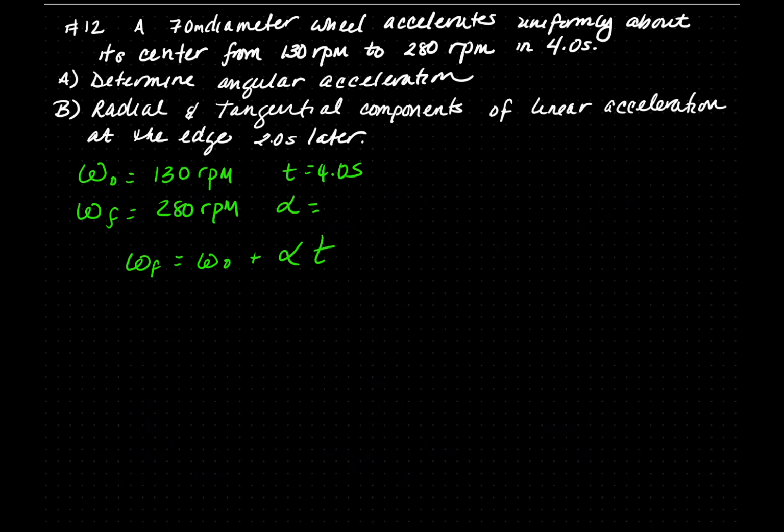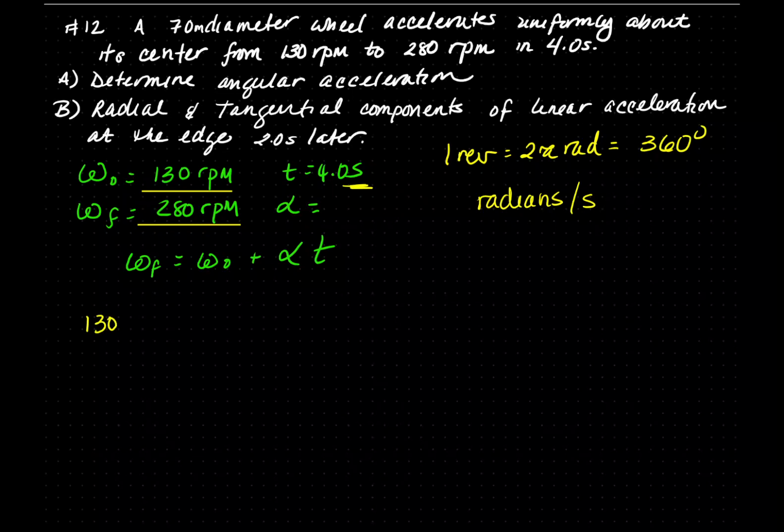First thing I need to do is convert. These are in RPMs, this is in seconds. So using my conversion factor, remember we said 1 rev is equal to 2 pi rads, or 360. We're going to convert it into the SI units of radians per second.